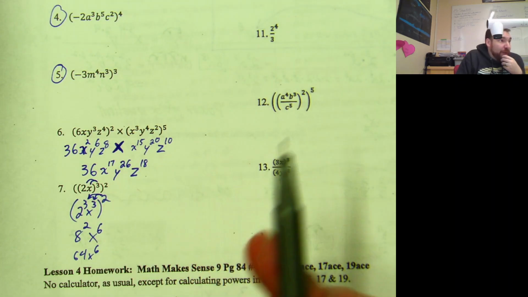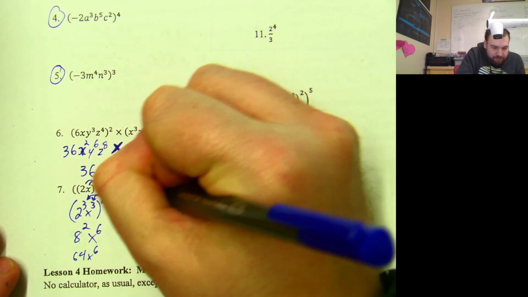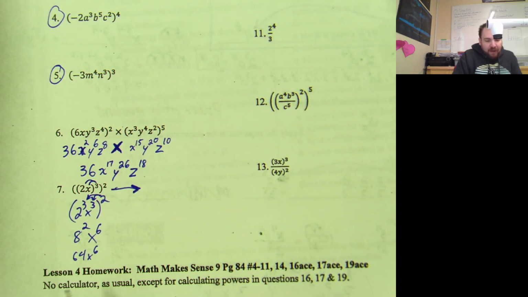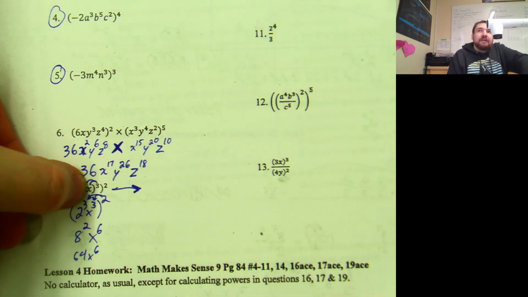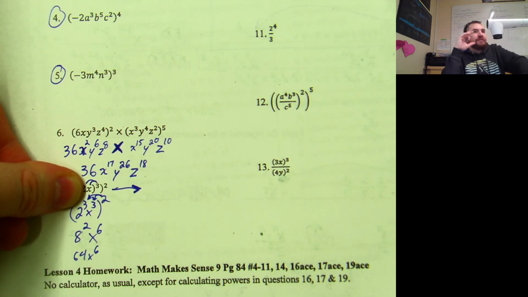But that's not the only way we could do this question. We could do it a different way. Let's do it this way over here. What if this was just x cubed to the power of 2? What would I do first? If the 2 wasn't there, if this is just x cubed squared, what would I do?